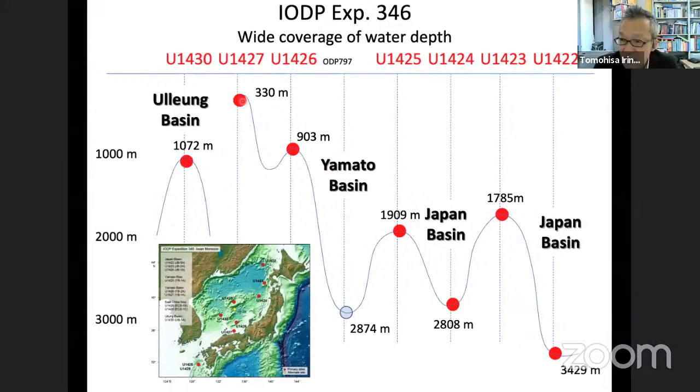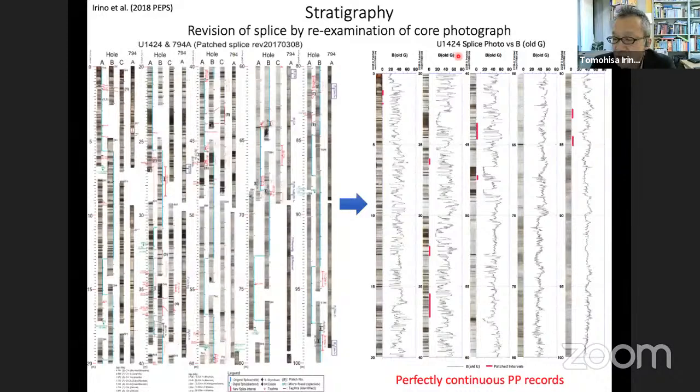From the shallowest, 330 meters at U1427, to the northernmost U1422 at 3,400 meters water depth. The sediment approximately covers ages from 1.5 million years for U1427 to even 15 million years for U1430.